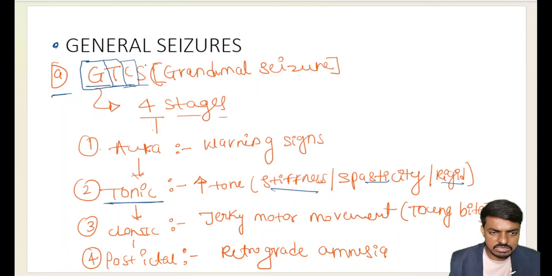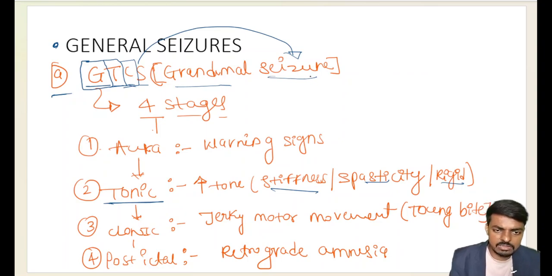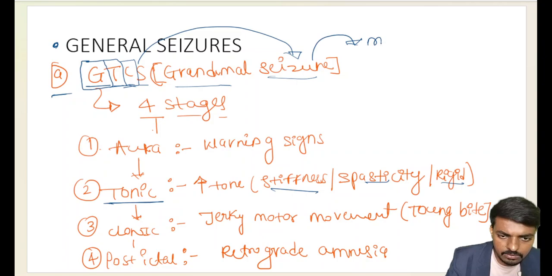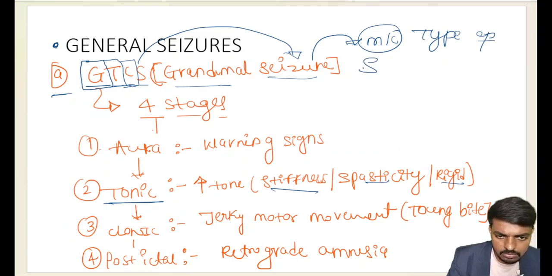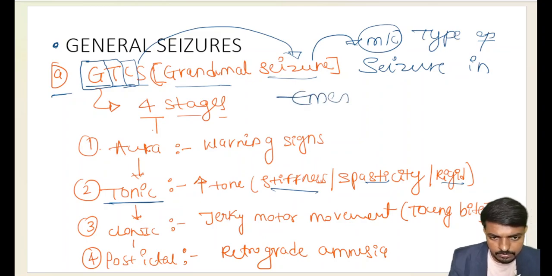So this generalized tonic-clonic seizure occurring in children is what we call the grand mal seizure, and this is the most common type of seizure in the emergency room.